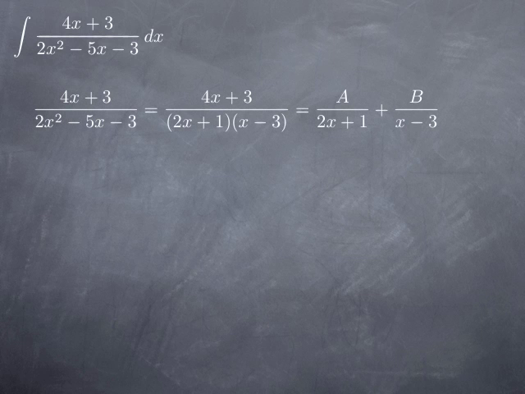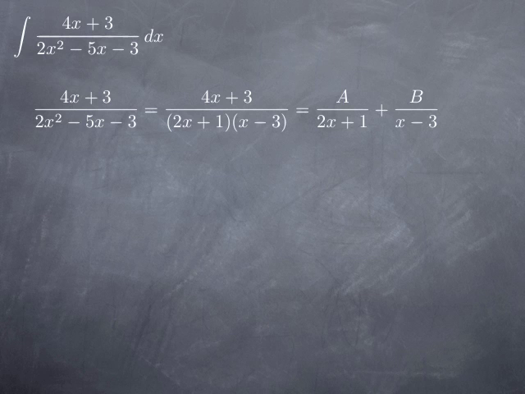So the next step is to factor the bottom. You see that, for instance, x equals 3 is a zero of that quadratic function, because if we plug in x equals 3, we get 9 times 2, 18, minus 15 minus 3, so we get 0. That means x minus 3 is a factor. To get this 2x squared, we need 2x in the other factor.